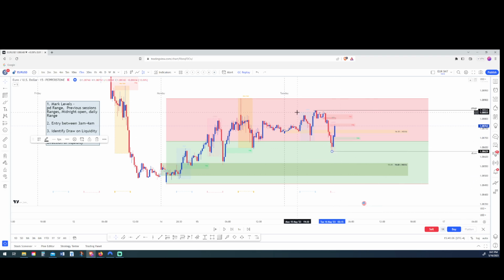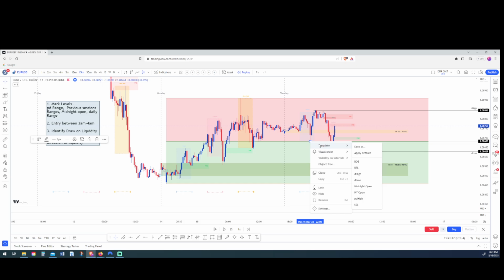And we can see Asia high is very close to the daily high there, but we have got Asia low, which we've taken out now. Asia low was just above the discount area.